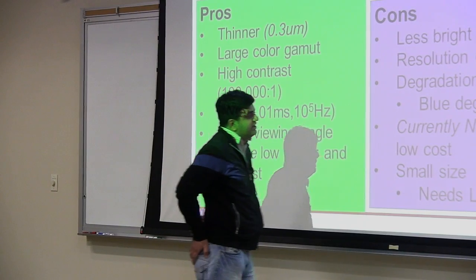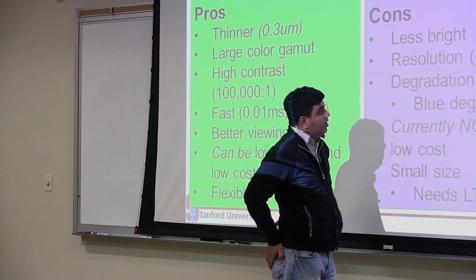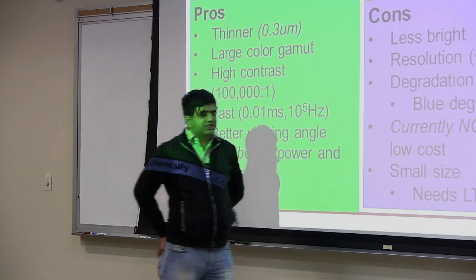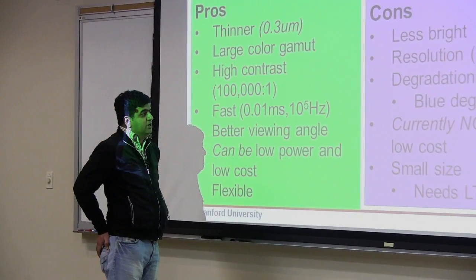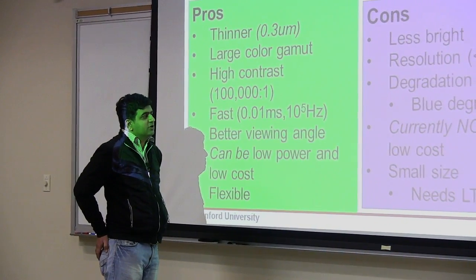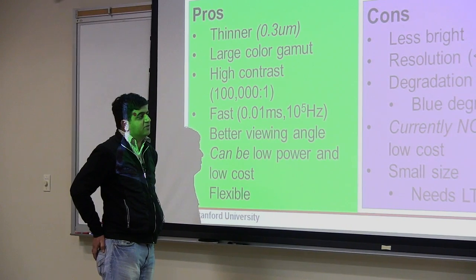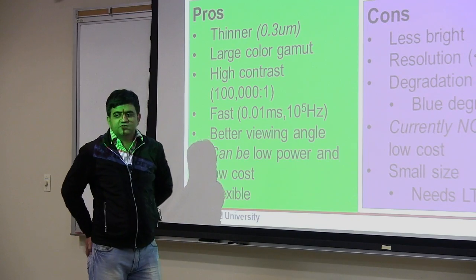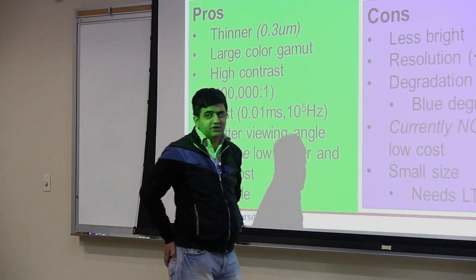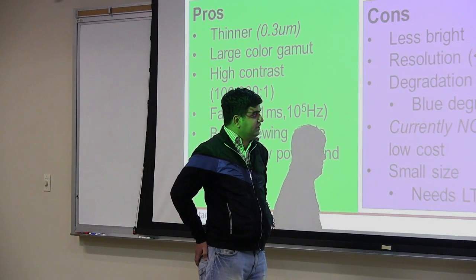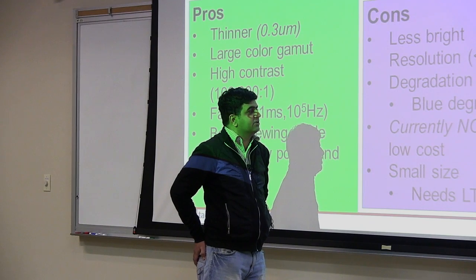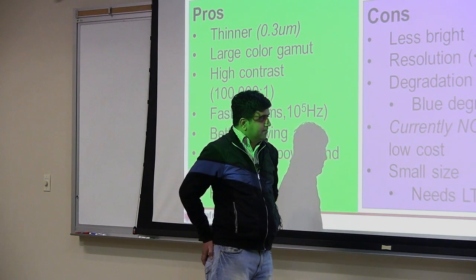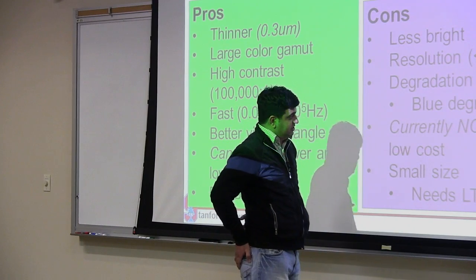Also, these blue LEDs degrade with time. All these OLEDs degrade with time, blue in particular, and your overall display quality degrades with time. So they come with a lifetime of, they say, around 5 years if you operate it continuously for 8 hours a day, which is the requirement that you have on most of your televisions. Your blue, though, degrades much faster than the other ones.